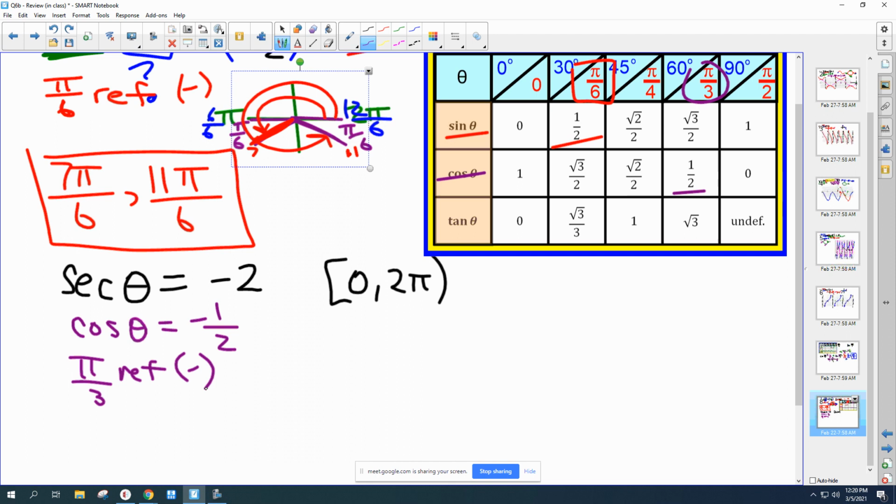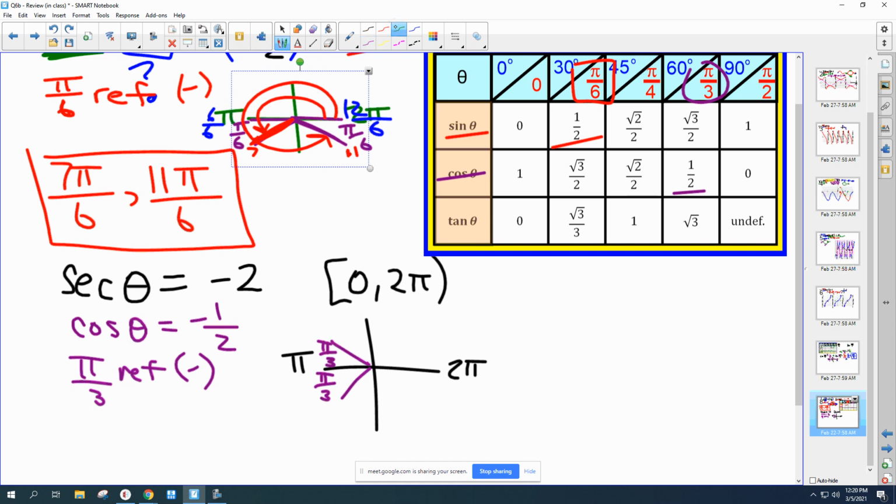So we go back and look at that same picture, and we think about where cosine is negative. Cosine, or x numbers, are negative in the second and third quadrants. So we've got a pi over 3 in the second and a pi over 3 in the third.